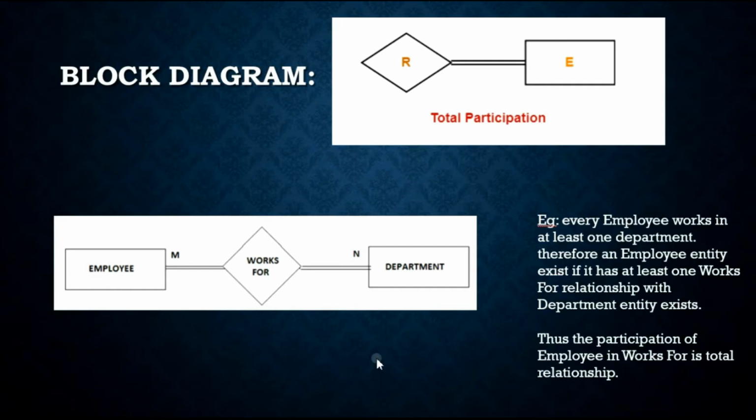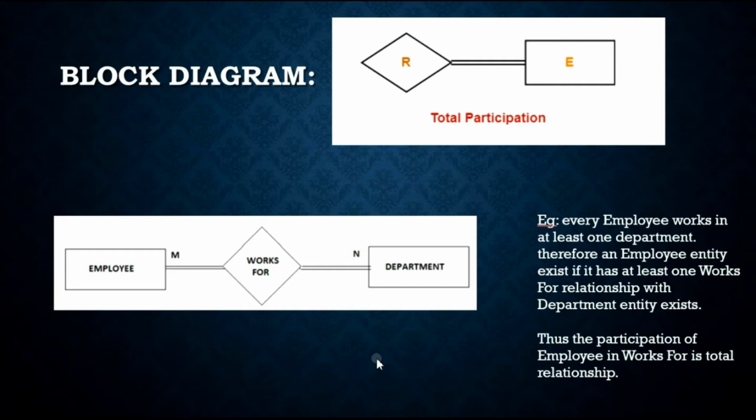Now, let us try to understand total participation with the help of an example. Here we can see that an employee works for a department. This means that for an employee to be considered an employee under a particular company, he or she has to work for a particular department. It can be any department, but as long as they are not under a department, they cannot be considered an entity of that organization. Take students, for example.